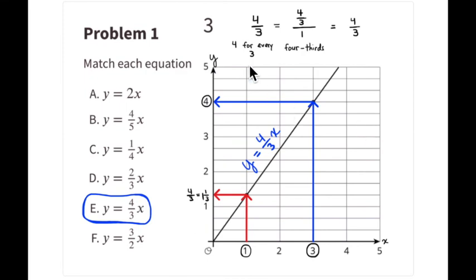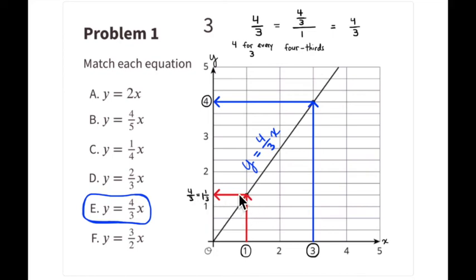This is graph 3, which matches equation E. So y equals 4/3 x. So $4 for every 3 hours of work, or 4 per 3, is the same as 4/3 dollars for 1 hour. So that's the constant of proportionality.